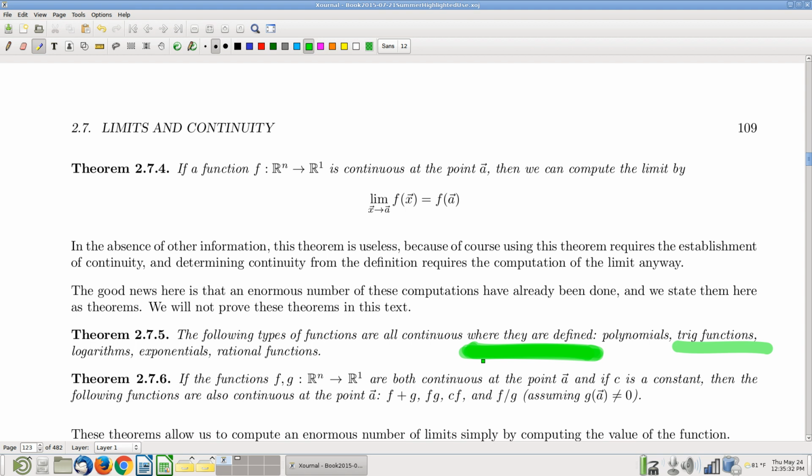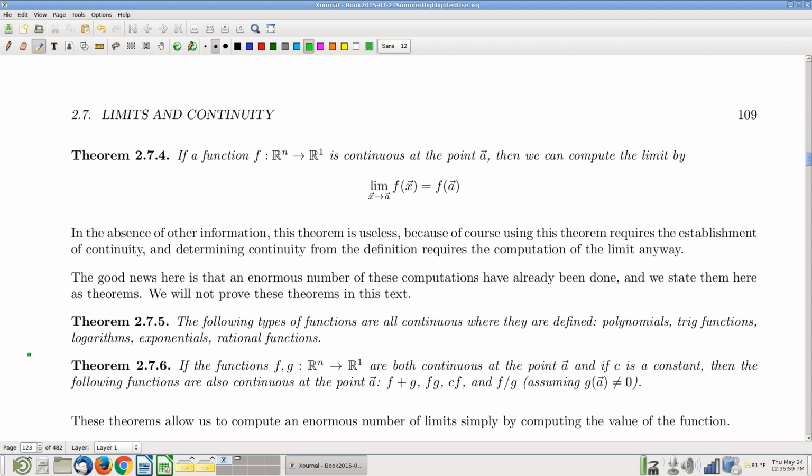So we're not saying it's continuous everywhere, but wherever the tangent function is defined, it is continuous. This is true for all six of the trig functions. Etc., logarithms, exponentials, rational functions are all continuous where they are defined. Of course, some of them, especially note rational functions, are not defined everywhere. Okay. So yeah, very handy.